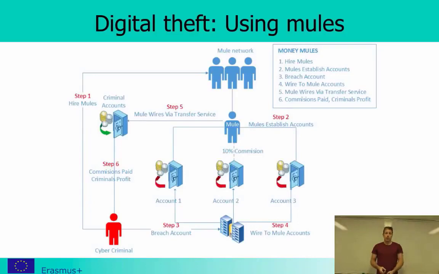The mules take out the money from their bank and go in cash and transfer it, for example, through the non-traceable Western Union service. They then transfer the money to the criminal accounts, so there is no link between the criminal accounts and the criminal activity.